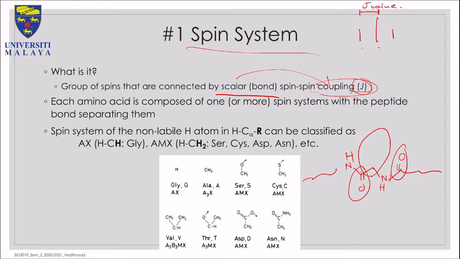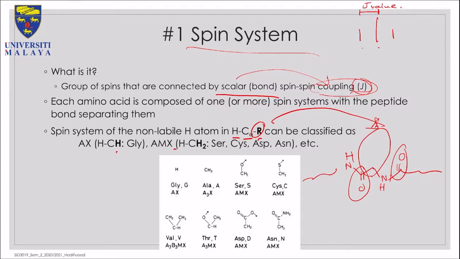So it has its own spin system. The spin system of the non-labile protons in H-C-alpha-R can be classified as follows, where R is the side chain as I'm drawing here. These are just the naming systems that they use. It's a bit more complex. This is just to let you know a little bit about the naming of spin systems in proteins and peptides.